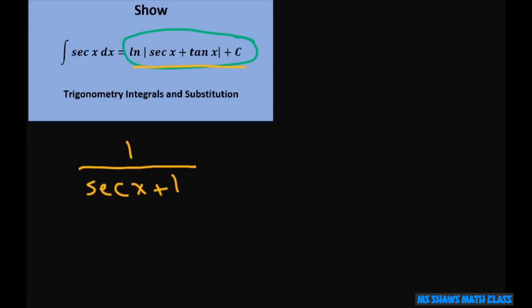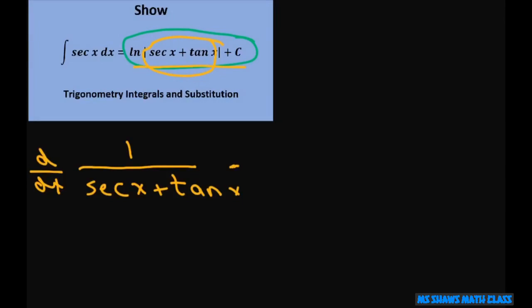So if you're just trying to show it, we can look at this right-hand side and just take the derivative of that. You're going to get 1 divided by secant x plus tan x, times the derivative of this inner portion.